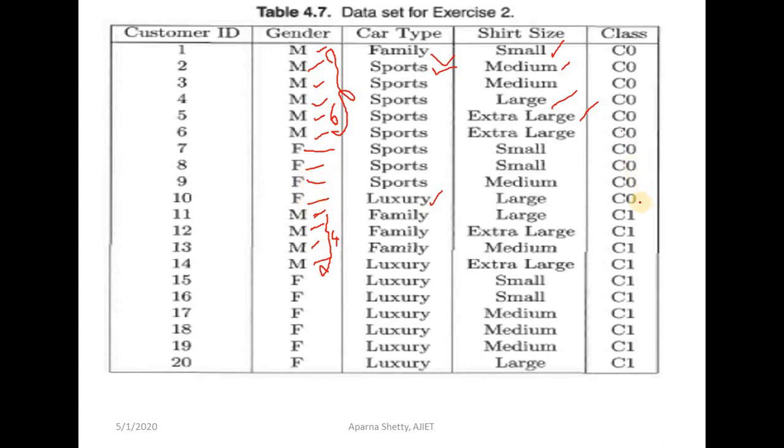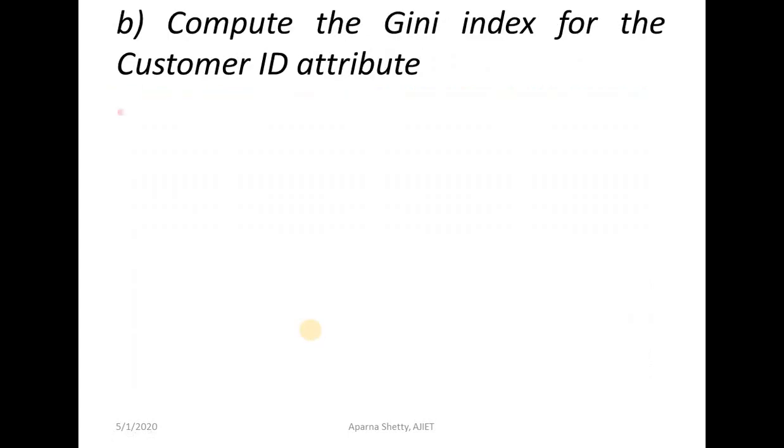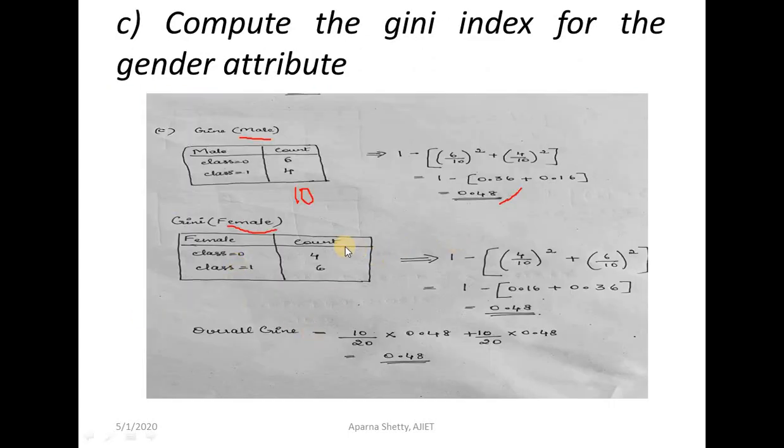All are class 0, so 4 records belong to class 0. How many records belong to class 1? 1, 2, 3, 4, 5, 6. So 6 records belong to class 1.